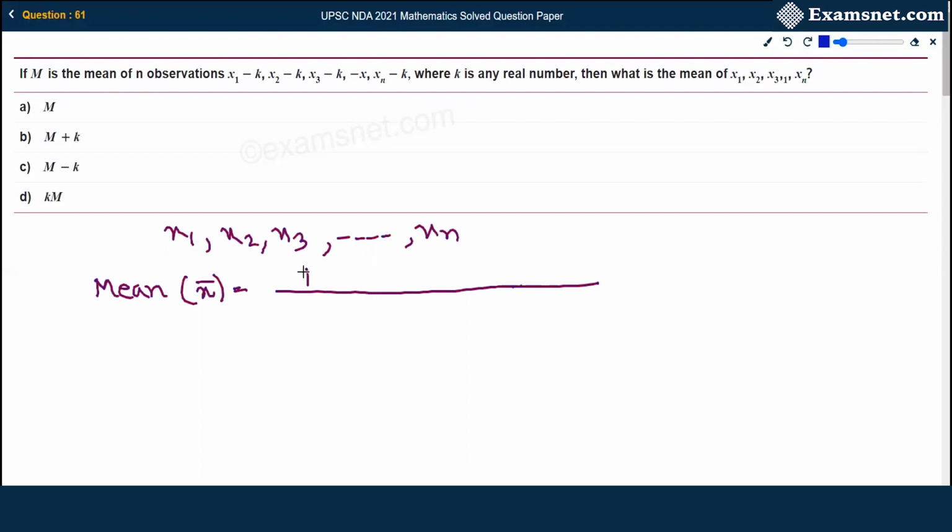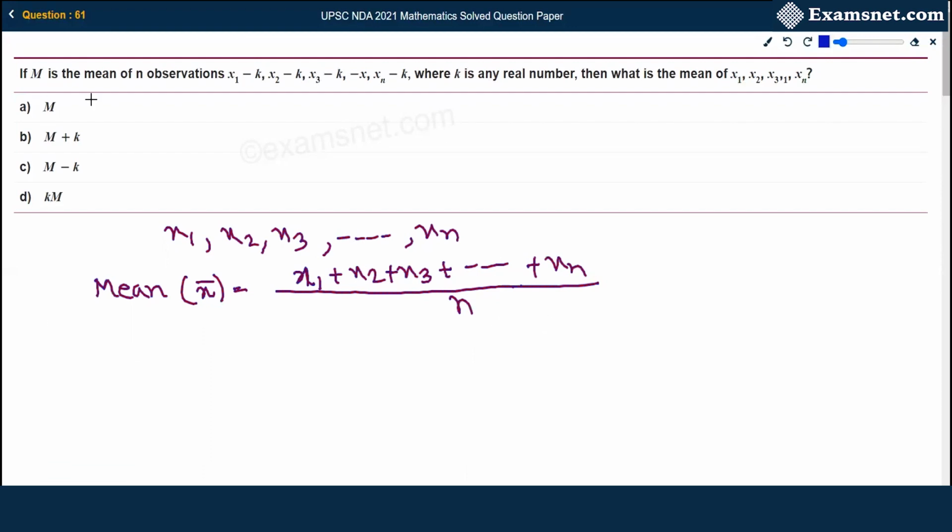Here total value means x1 plus x2 plus x3 plus up to xn, divided by the total number of observations. Since there are n observations, we divide by n. This is the formula.